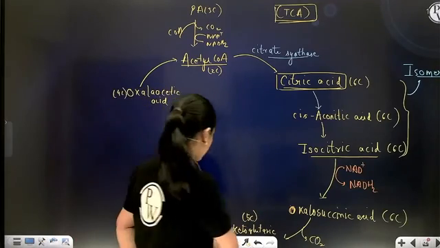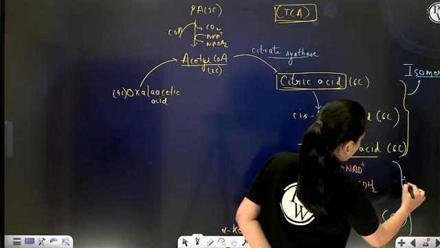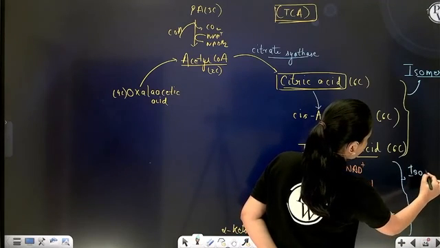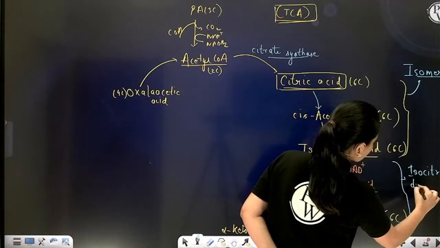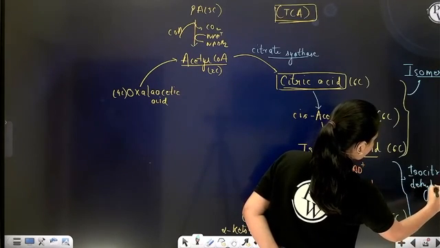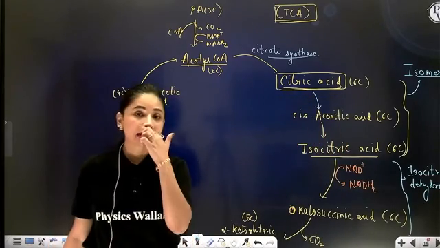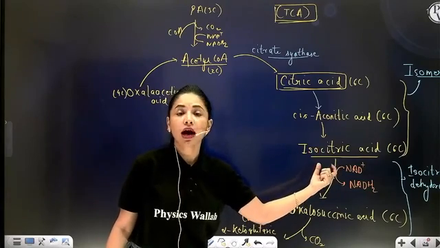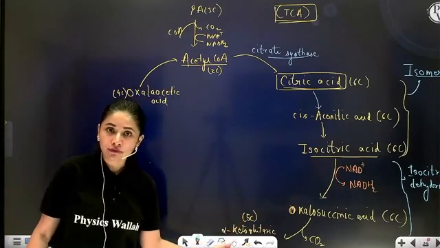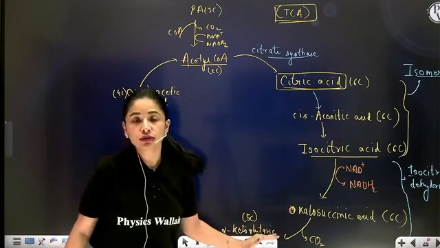And these two reactions are catalyzed by the enzyme isocitrate dehydrogenase. Isocitrate dehydrogenase enzyme catalyzes the conversion of the 6-carbon compound isocitric into the 5-carbon compound alpha ketoglutaric in 2 steps.